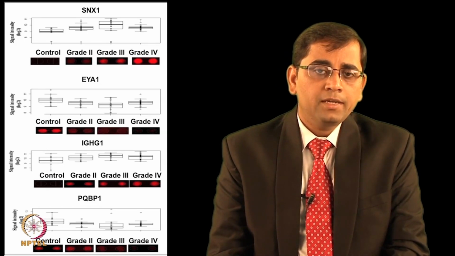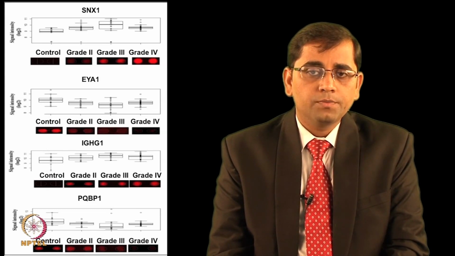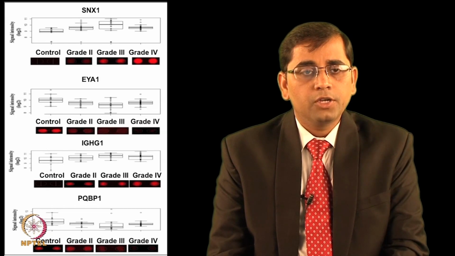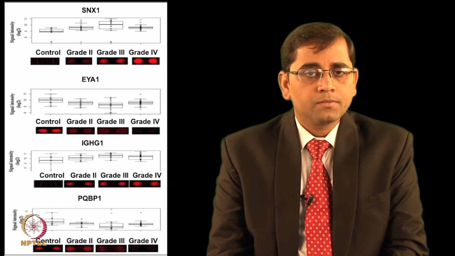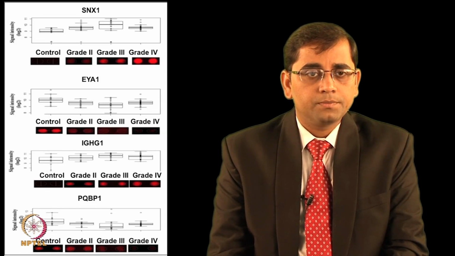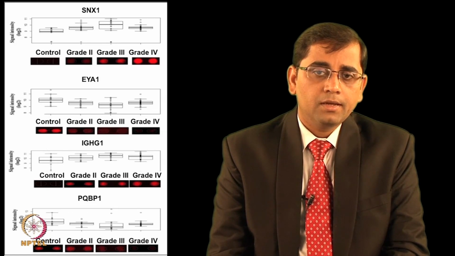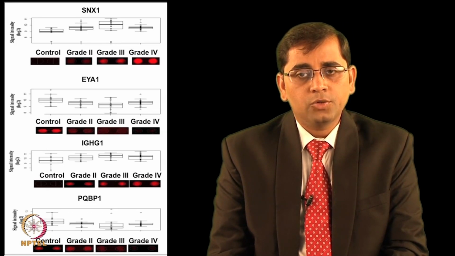The polyglutamine binding protein 1 or PQBP1 binds to BRN2 and POU3 class of neural transcription factors, which inhibits the transcription activation of BRN2. BRN2 is known to be expressed in GBMs and associated with development of neural and glial cells.